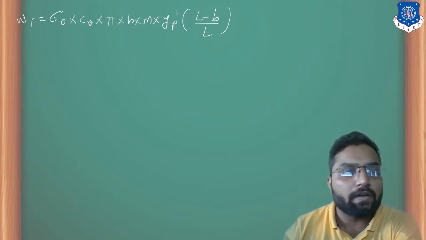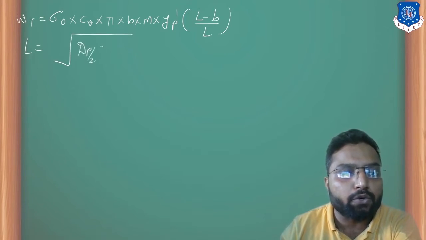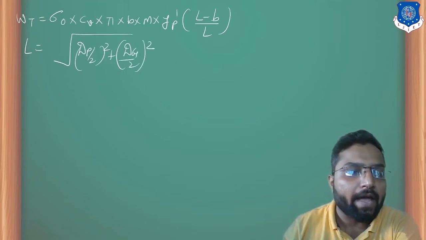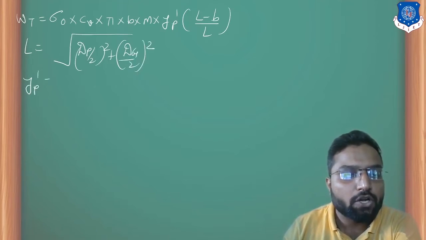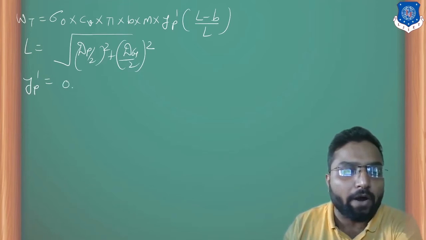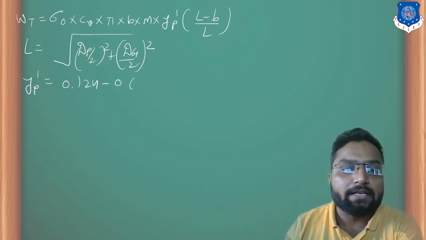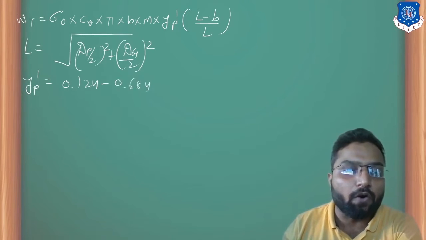Where L is given by, as I provided, under root (dp by 2) whole square plus (dg by 2) whole square, and YP dash for 14.5 degree is 0.124 minus 0.684 divided by TEP.